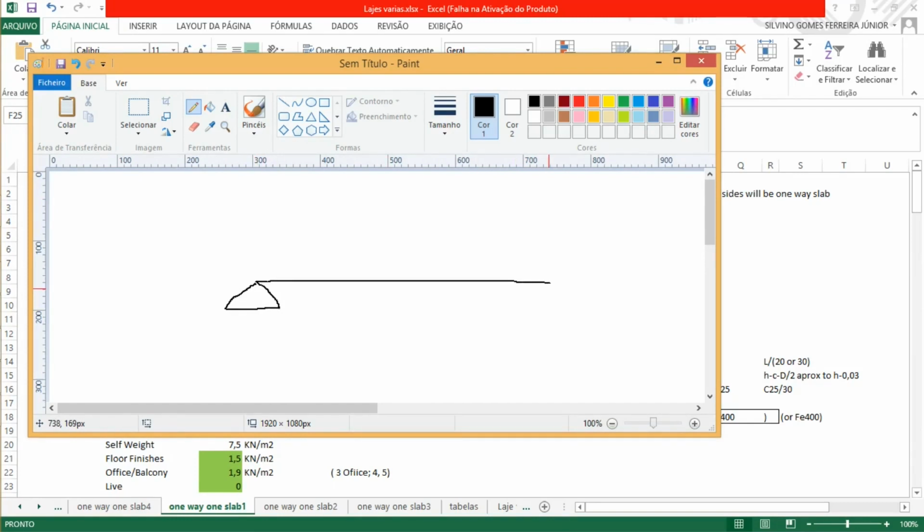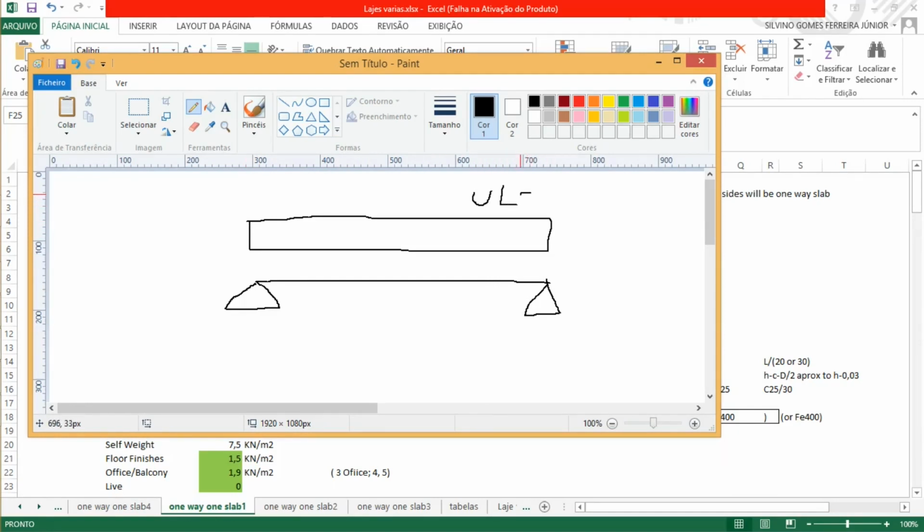So if you have this structure simply supported by the beams on the sides, the load that we're going to calculate in the ultimate limit state will generate a positive bending moment here, like this.